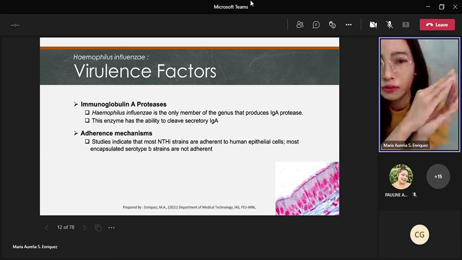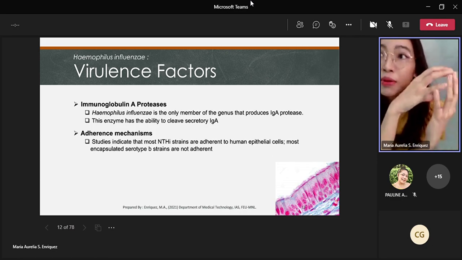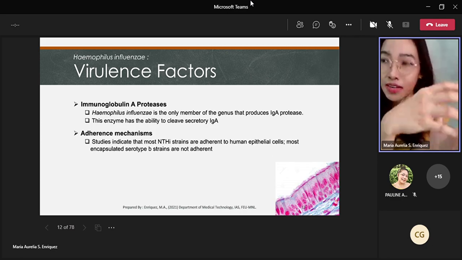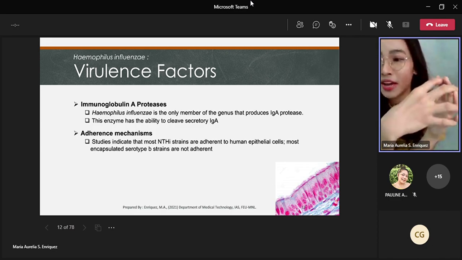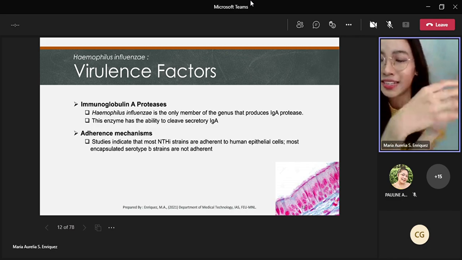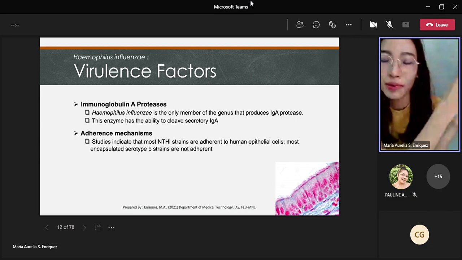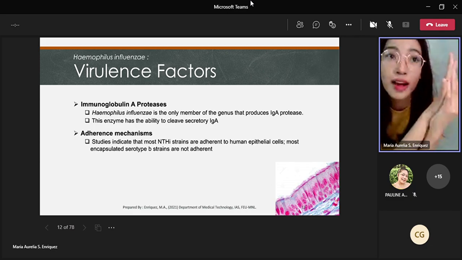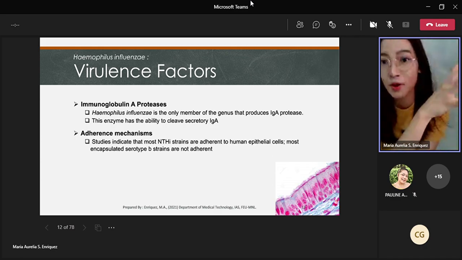Okay? Yung capsule po kasi ng organism, nagpe-prevent siya na maging adherent yung bacterial cells. Instead, ang nangyayari po is it could facilitate disseminated infections kasi hindi nila kaya mag-adhere to one place. So for the non-typable Haemophilus influenzae or yung mga NTHI na walang capsule, kaya nilang mag-adhere to surfaces.